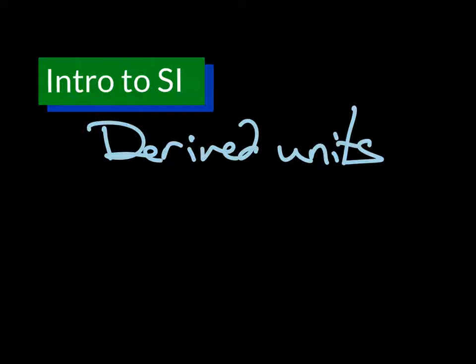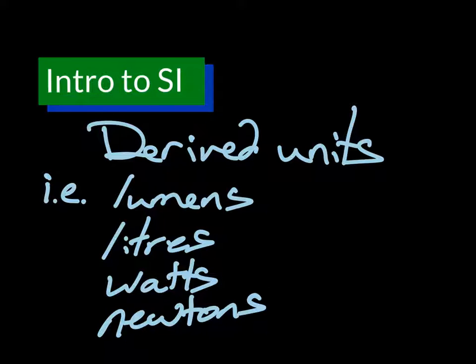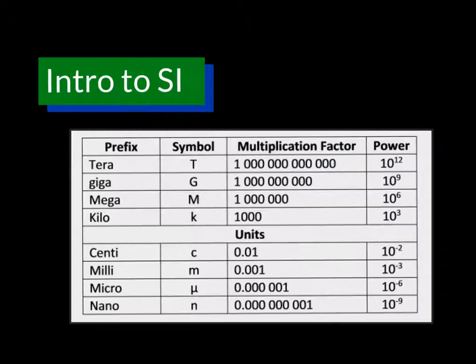And in addition to the base units, there are many derived units, which means units that are calculated from the base units. These include things like lumens for light, liters for volume, watts for electricity, and newtons for force. To the base units are added prefixes, which show the multiplication factor of the unit. So, for example, kilo has a multiplication factor of 1,000 times the base unit.